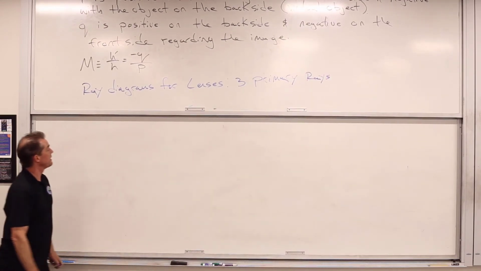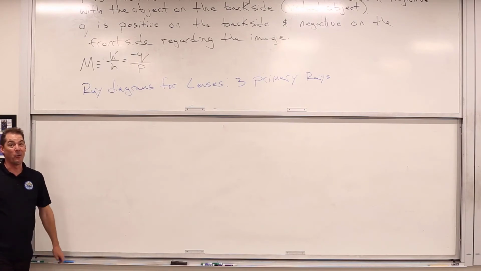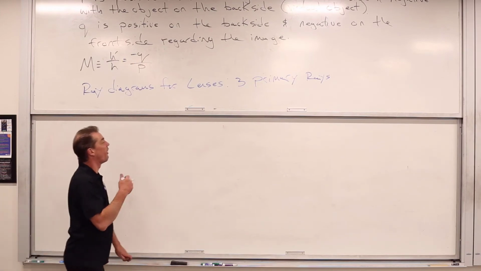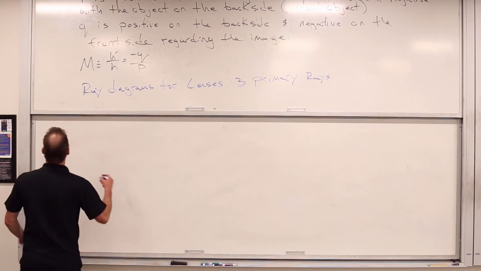We'll have that the first ray goes parallel to the principal axis and refracts such that it is aligned with or goes through a focal point.